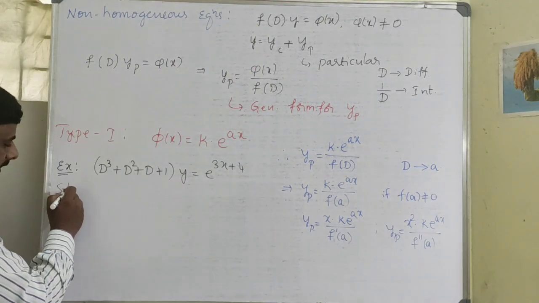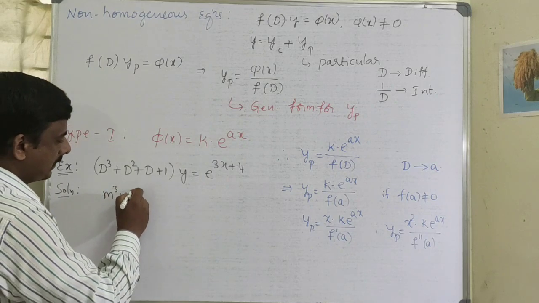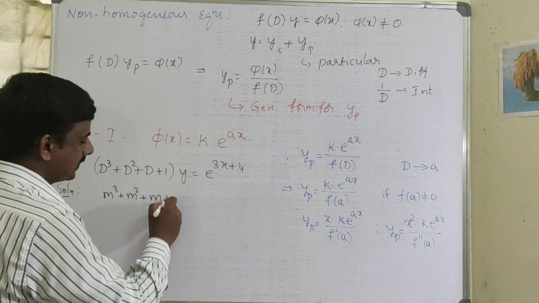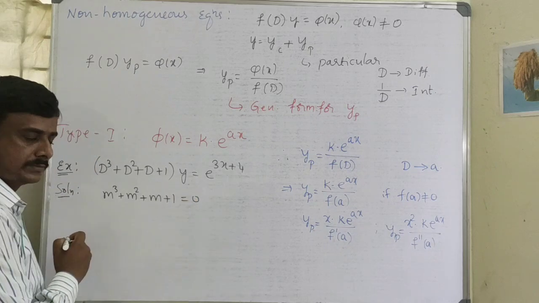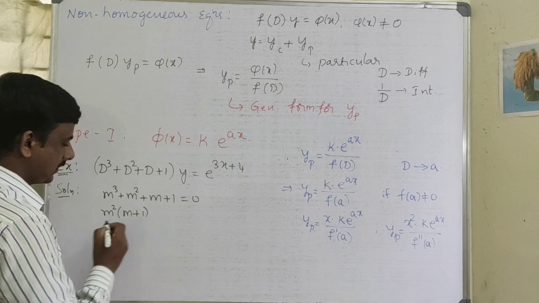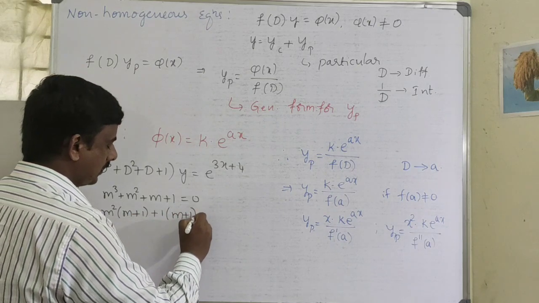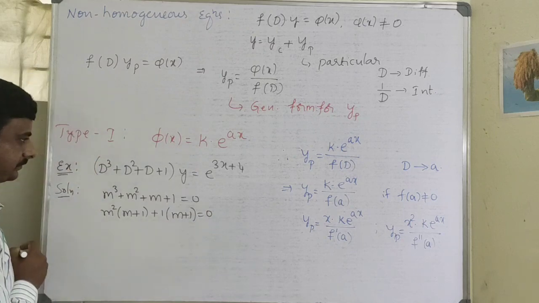The corresponding auxiliary equation is m cube plus m square plus m plus 1 equal to 0. So taking m square outside here, m square times m plus 1. Here taking 1 outside, m plus 1 equal to 0.